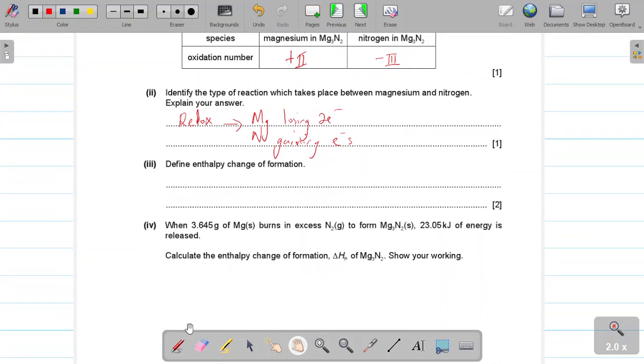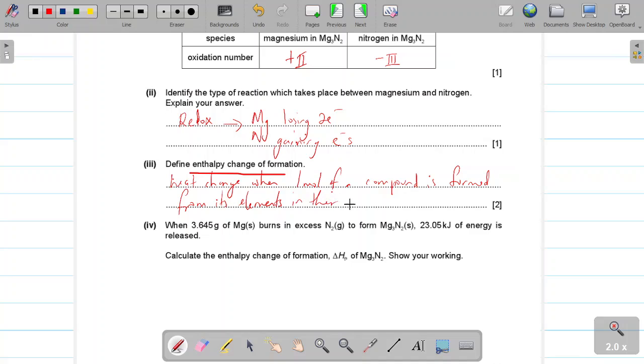Define enthalpy change of formation. This is a straightforward definition. It is the heat change when 1 mole of a compound is formed from its elements in their standard states.